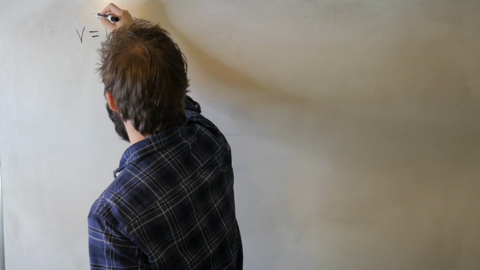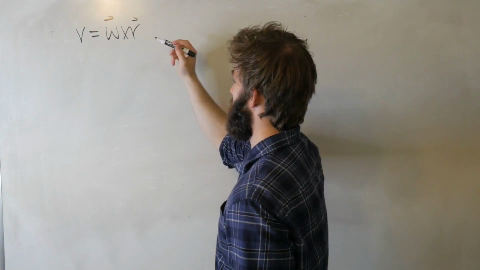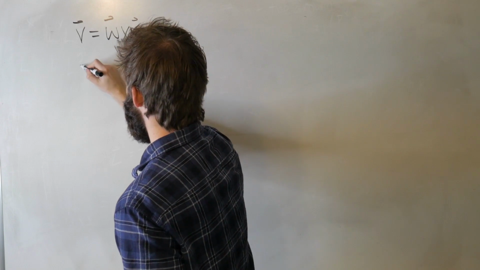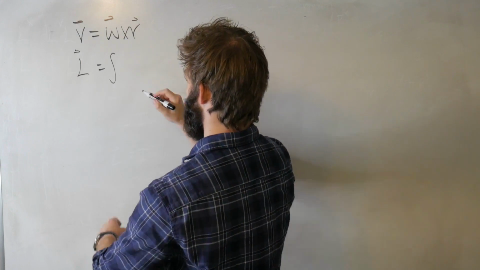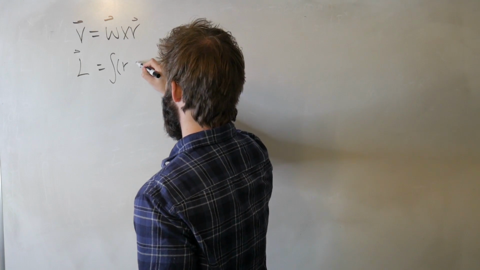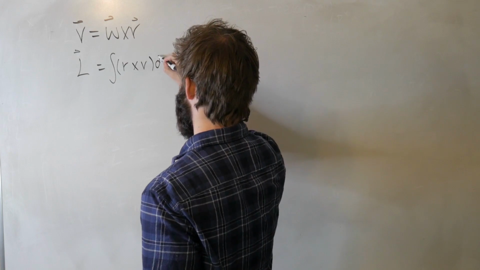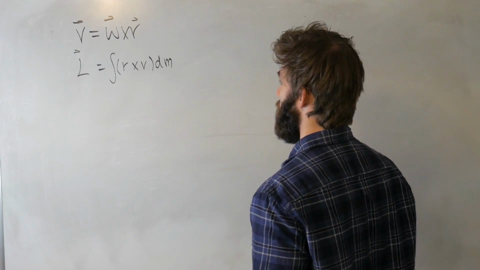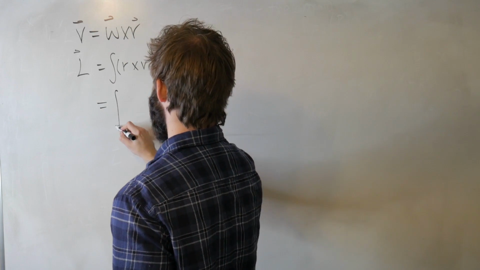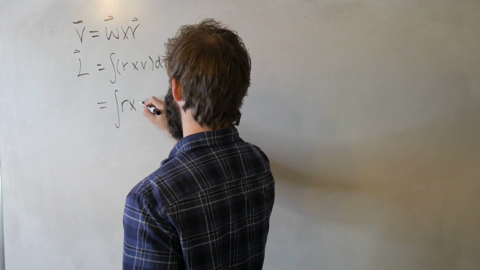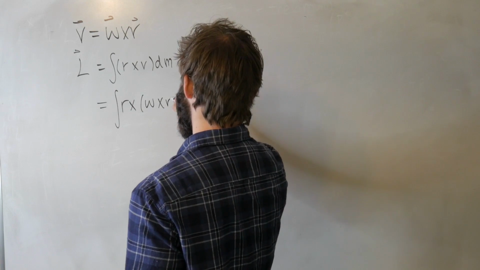Because we're allowing it to rotate about some point now. And if we look at the original definition of the angular momentum, remember that L is just equal to the integral of r cross v dm. Well, now what's our v? Now we have that this is equal to the integral of r cross omega cross r.